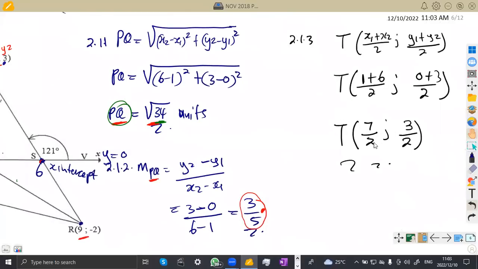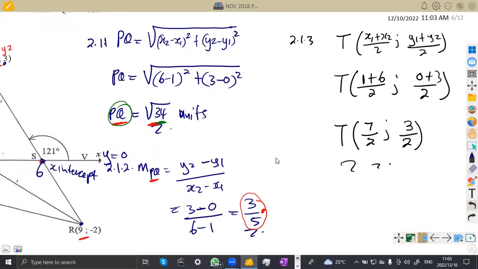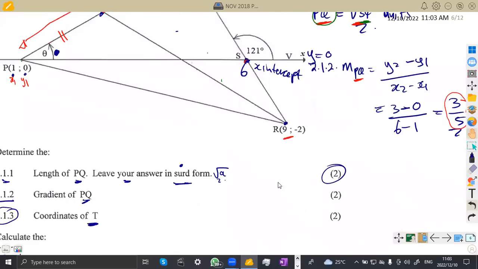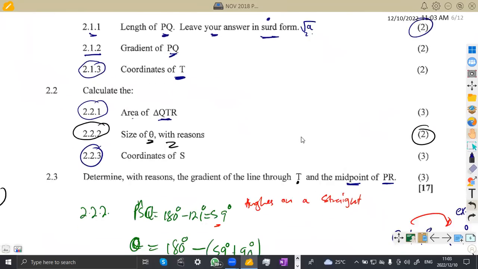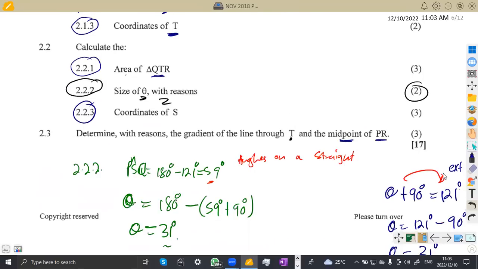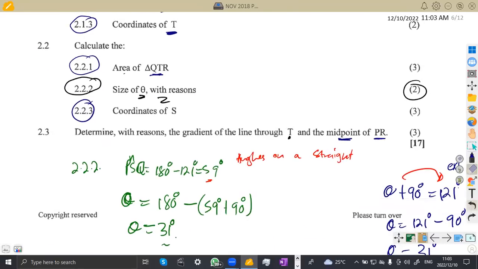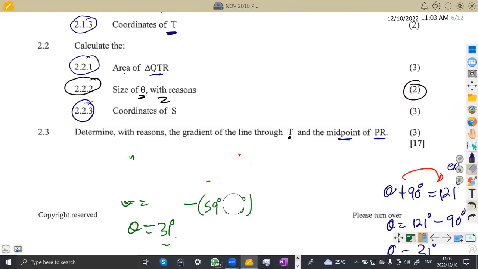So you're going to take that point T, because the line passes through it. Let me just erase some of the information, guys, so that we can calculate this properly. I'm just going to erase this part here. It's going to be enough.